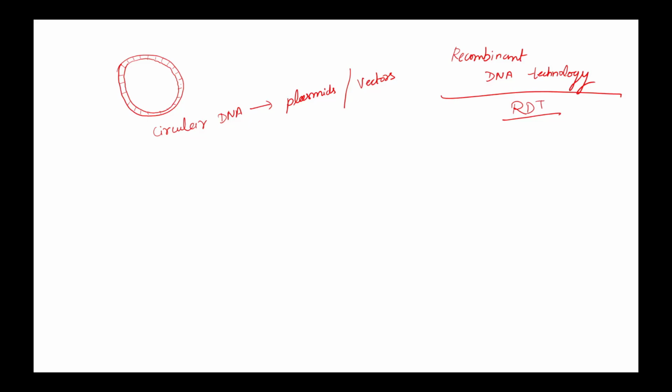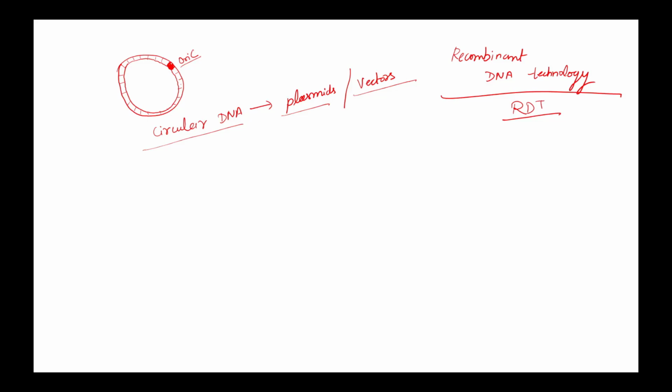These circular DNA plasmids or vectors have certain features. For example, a vector should have a particular origin of replication, so that whenever you put it inside any particular host cell, it can replicate within it. So this is an origin of replication site.